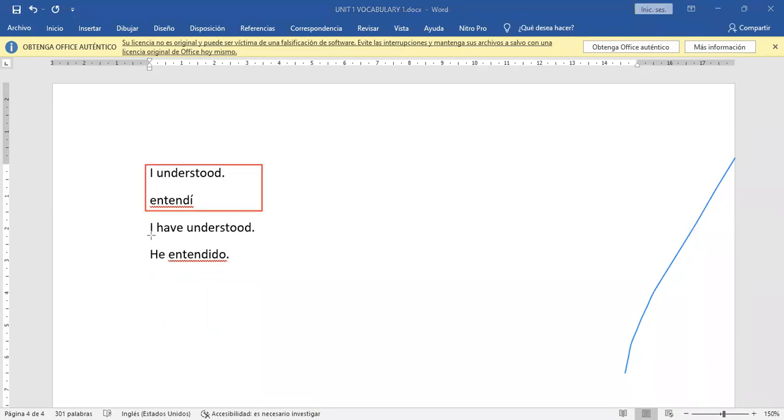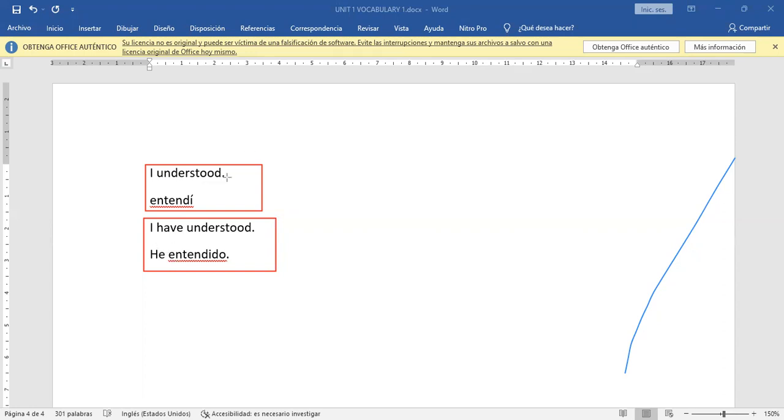Simple past, present perfect. Okay, simple past. And as you notice, el sujeto está en el verbo en Spanish, right? "He entendido." "Entendí." ¿Quién? Yo. Okay. This is present perfect.